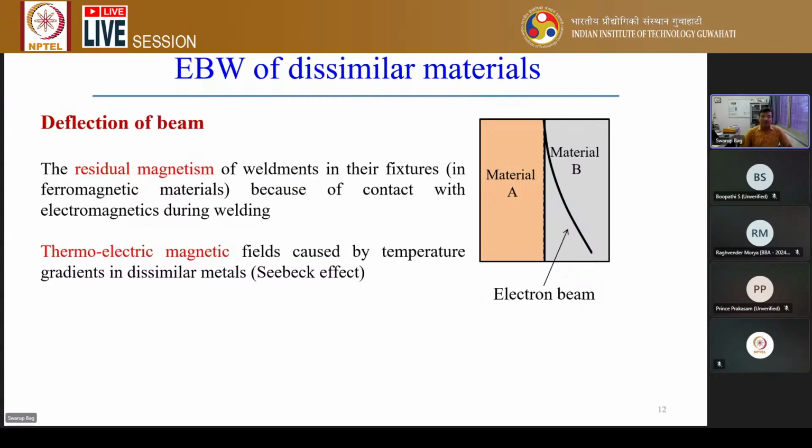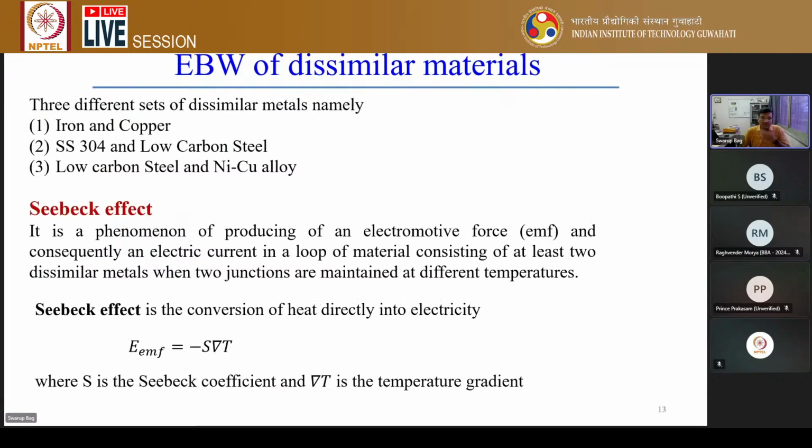But what is the principle? What is the physics behind this? This is the effect of the Seebeck effect. How can you understand it? In the Seebeck effect, two different materials maintain different temperatures at a junction, because their properties are different. Even if you are heating the materials, they can achieve two different temperatures at the junction.